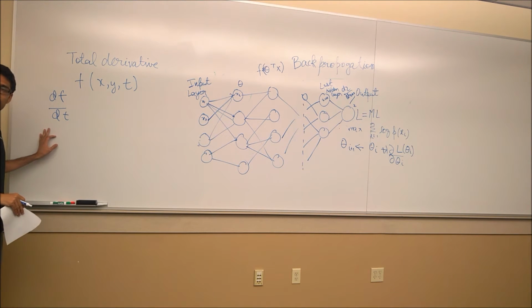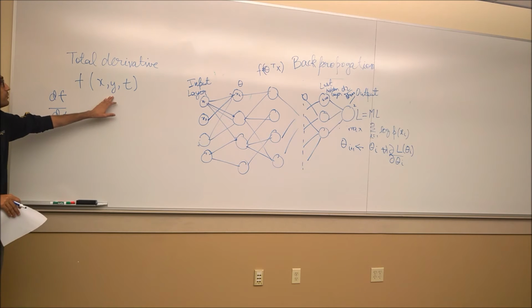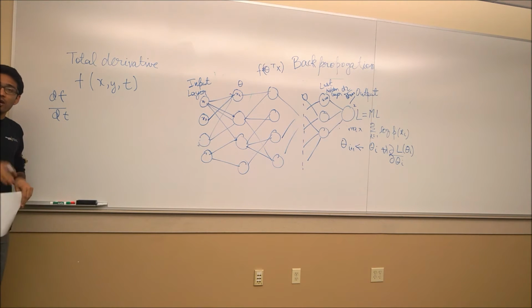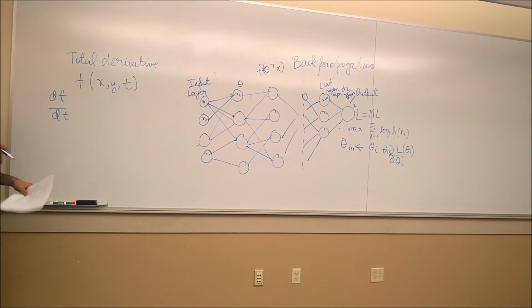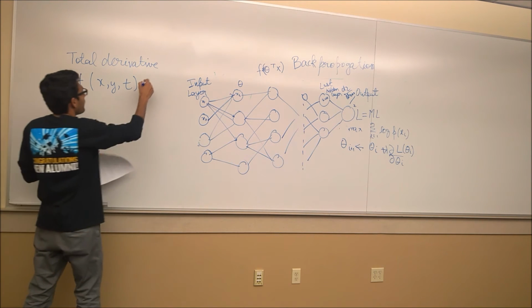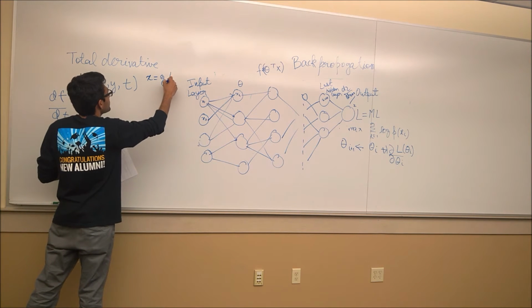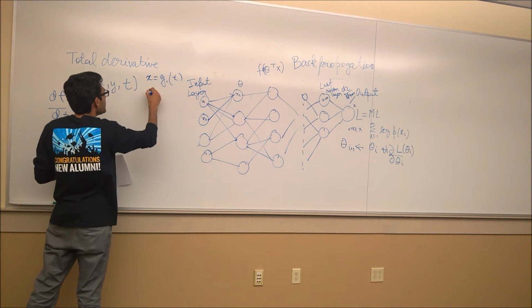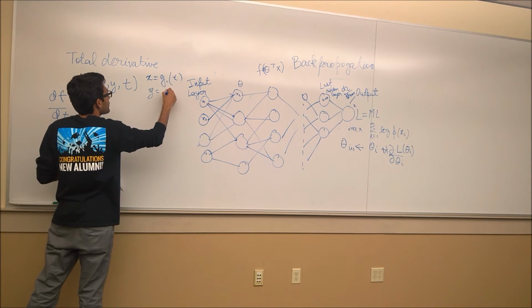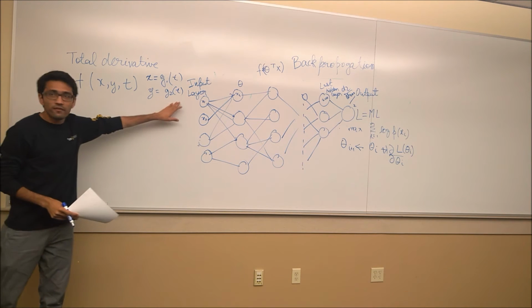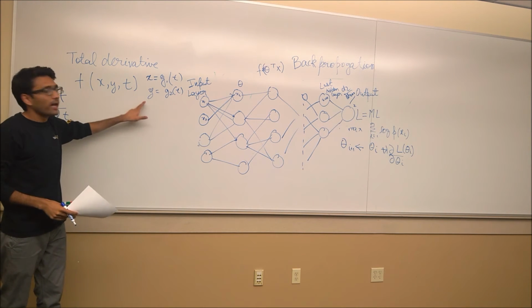Assume x and y are constant. But x and y are not constant with respect to t. So as I modify the value of t, the value of x might get modified. So what I'm essentially trying to say is that x is another function g1 of t, and y is another function g2 of t. So as t gets modified, x and y also get modified.